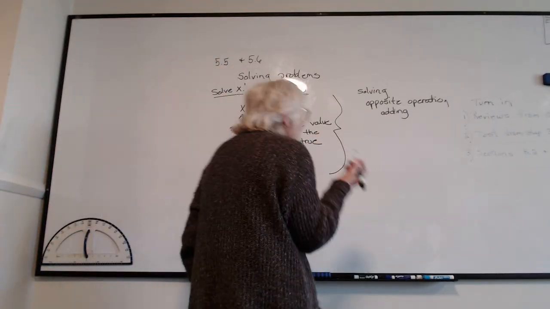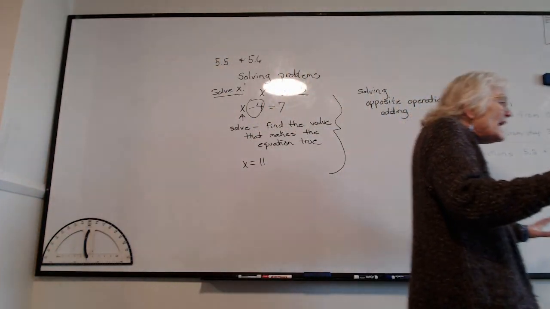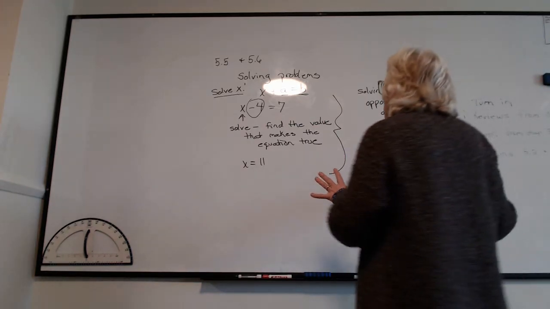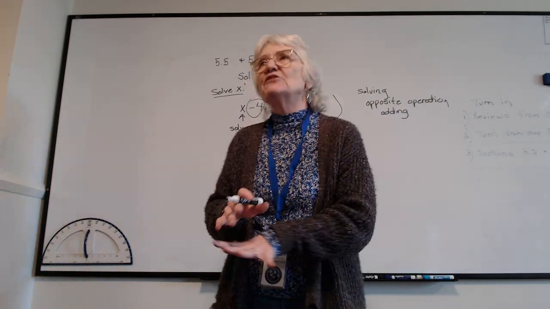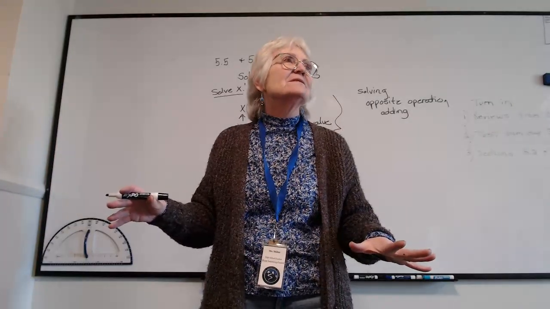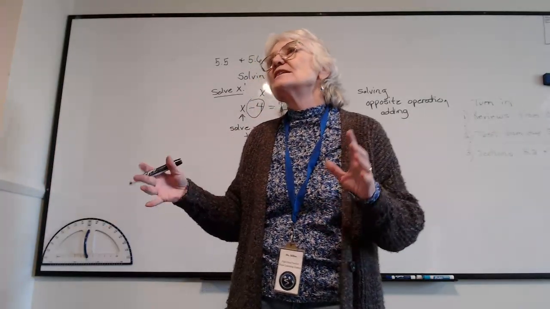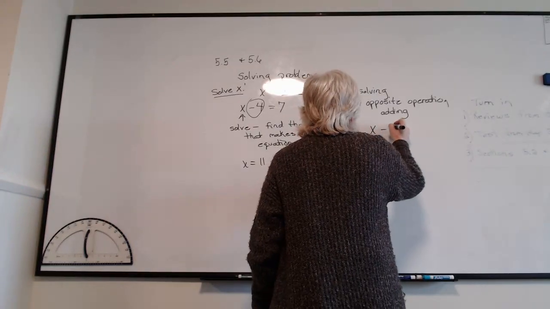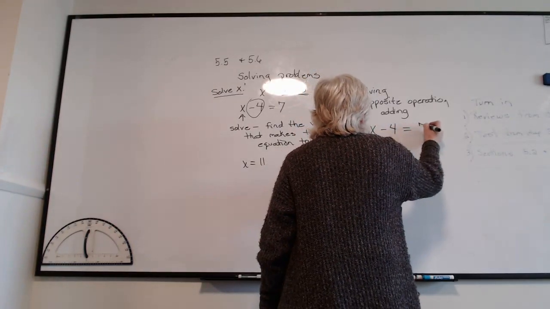So when I write it, I'm just going to show you the writing part of it. And I would like you to practice writing it, because when you get to harder problems, I want you to make sure you get it correct. Okay, so x minus 4 equals 7.